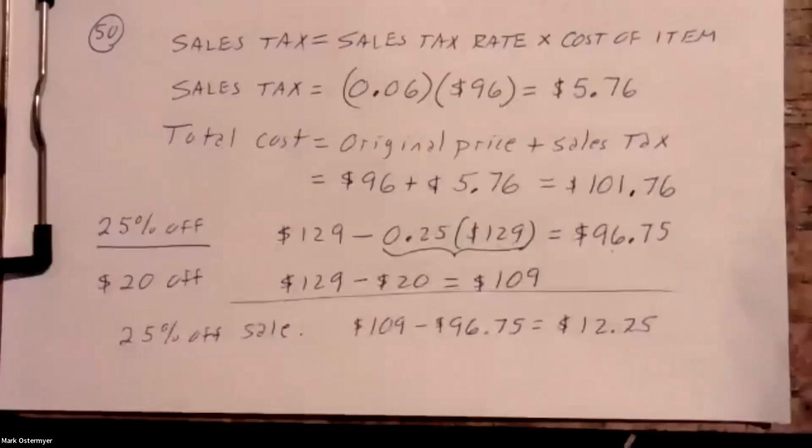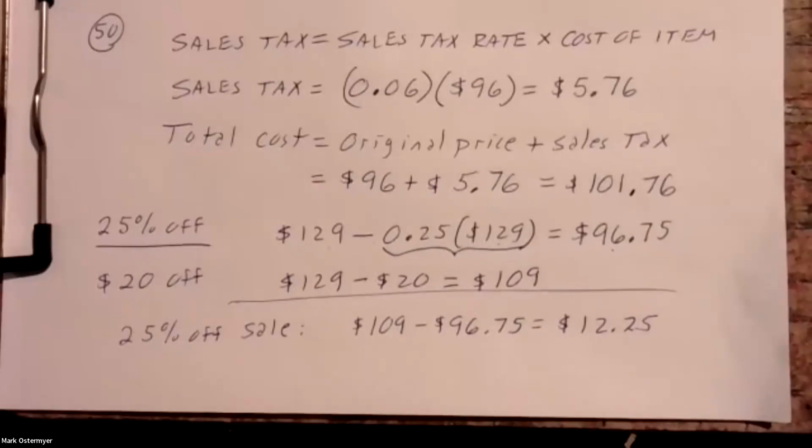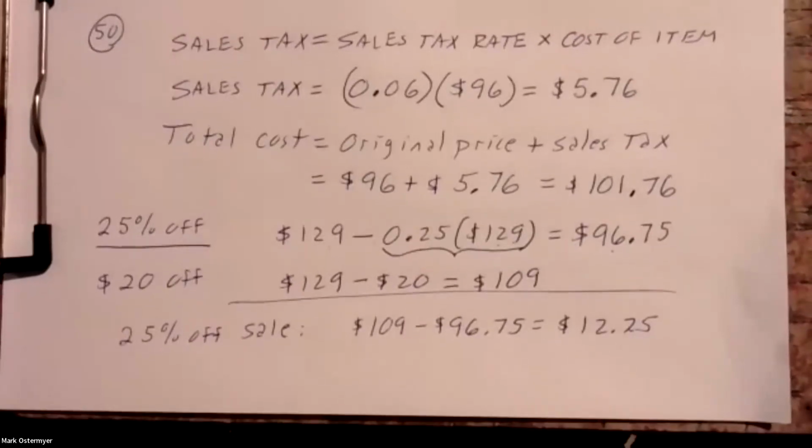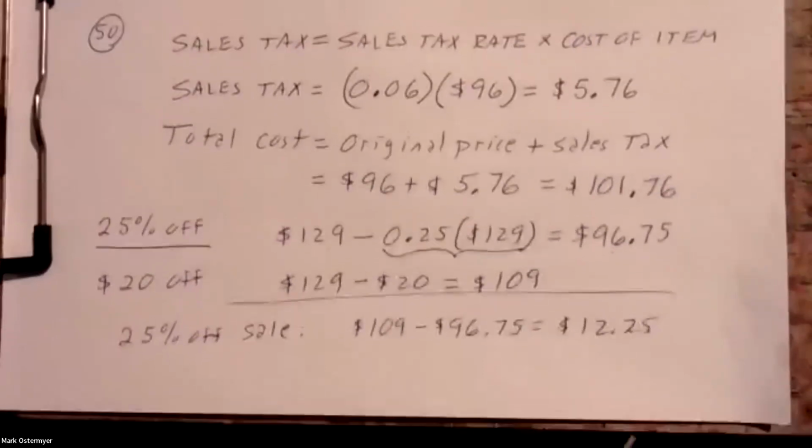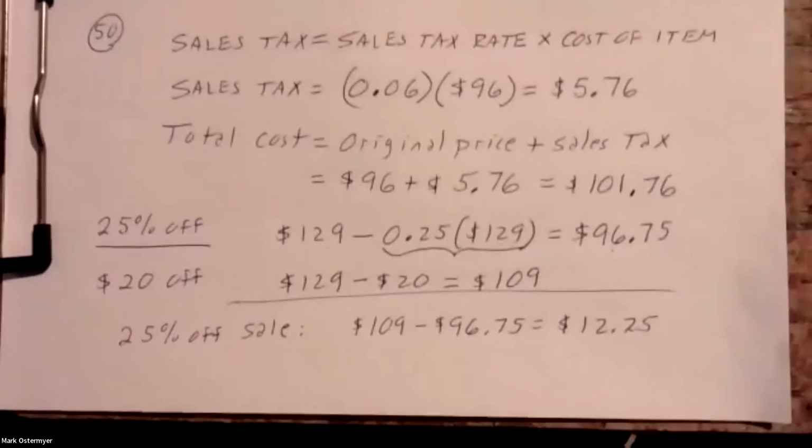All right, so ladies and gentlemen, what we worked with today is percents. We saw how to go back and forth between a percent, decimal, and fraction. And then we started working with some word problems here. Some of our word problems wanted us to compute a percent increase or decrease.